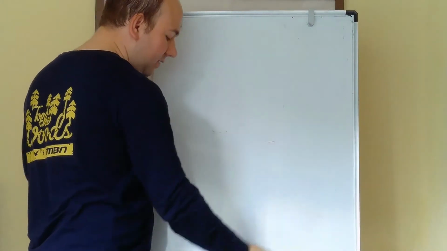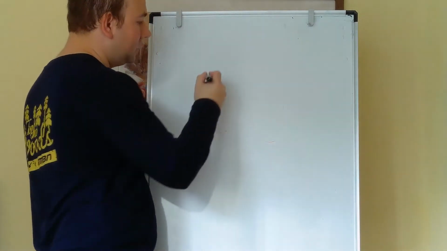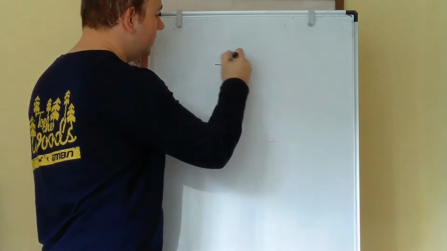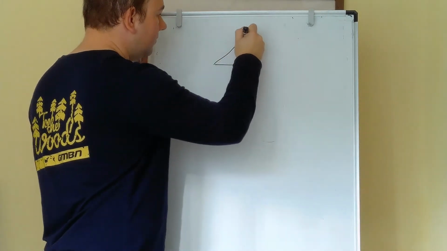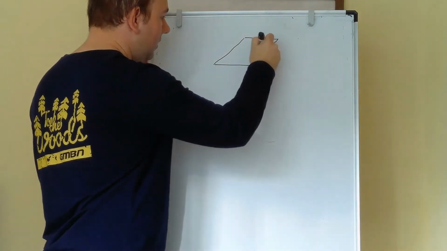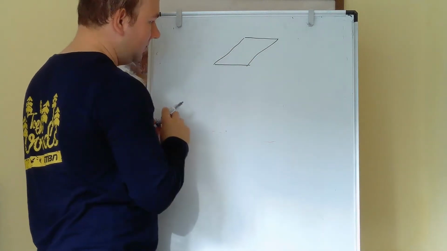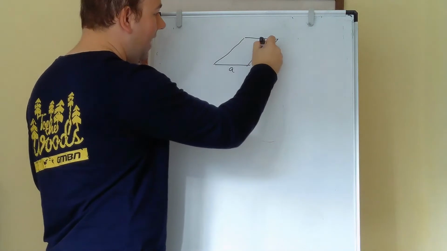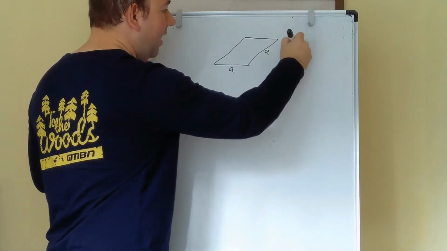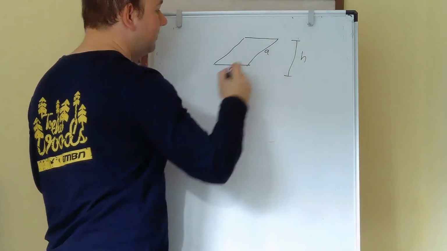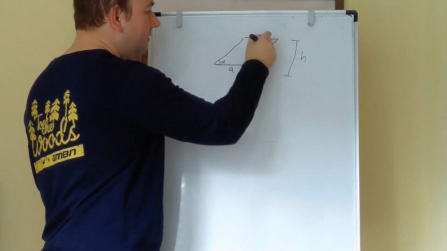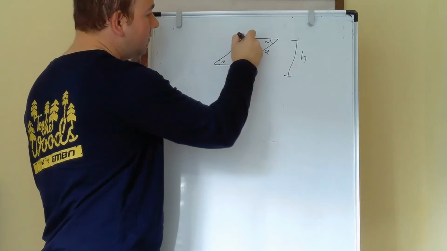A special case of parallelogram is the rhombus. This is the equivalent of a squashed square. In this case, the lengths of the sides are all the same, so that's still A. It will also have a height of H. The acute angles are the same, they're still alpha, and the obtuse angles would still be theta.